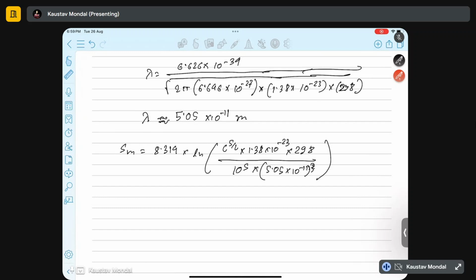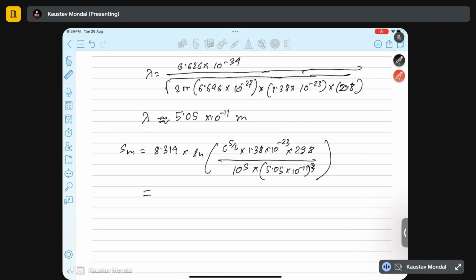Now if you simply calculate this, let me do the calculation. Inside the ln, we write e to the power 5/2 into 1.38 into 10 to the minus 23 into 298, the whole thing divided by 10 to the power 5 into 5.05 into 10 to the power minus 11 whole cube.